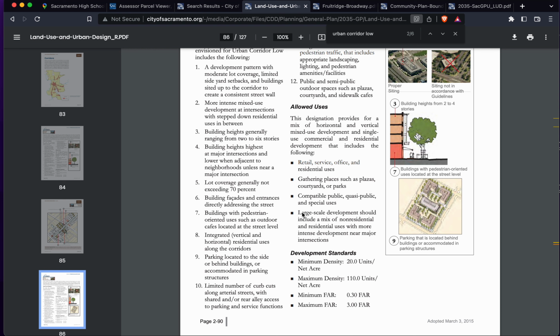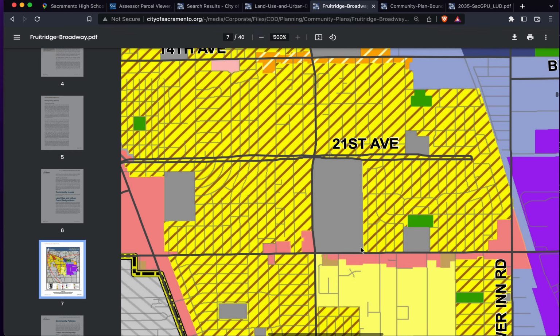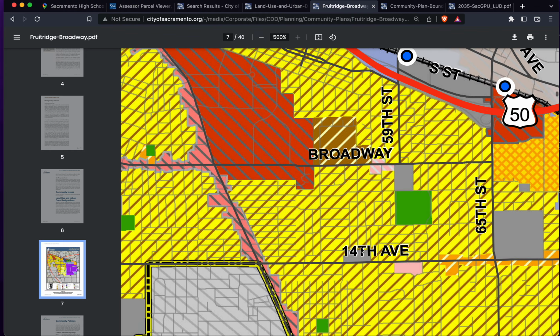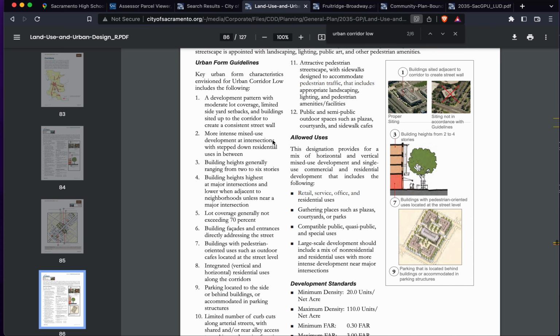So that's basically it. That's the land use designation for our lot, which is urban low according to this map, which is color coded in our map here. We are part of this portion over here, and this land use tells us everything about what we need to do and how we can use the lot for building retail.